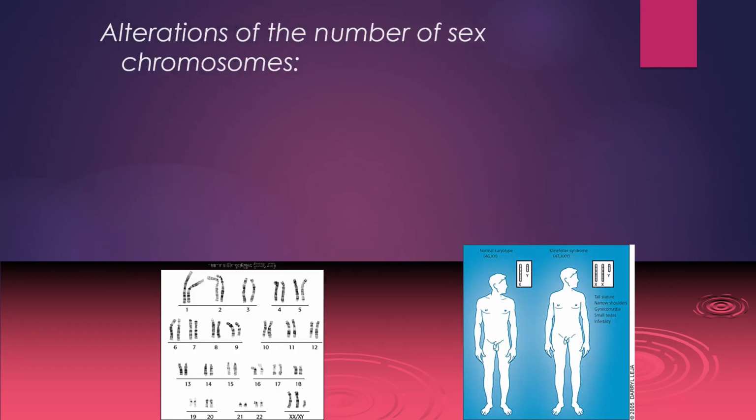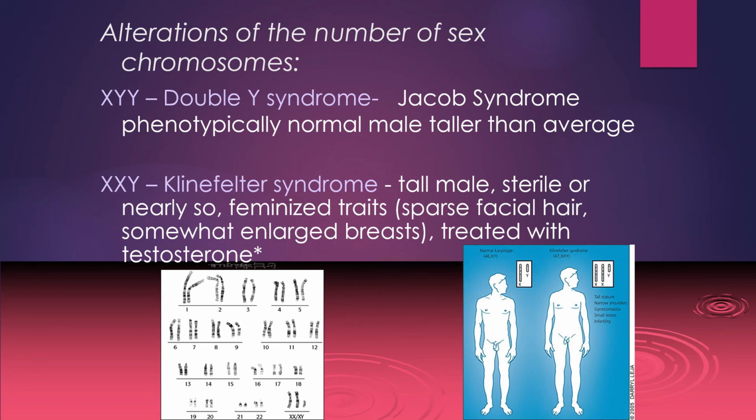All right. Other alterations can occur in the number of chromosomes, but when they occur in the sex chromosomes, the X and Y, they are less likely to cause such detrimental problems. That does not mean that they can't cause problems, but for example, an XYY, so somebody having 2 Y chromosomes, is phenotypically a normal male, maybe taller than average, but really doesn't show any significant phenotypical problems.